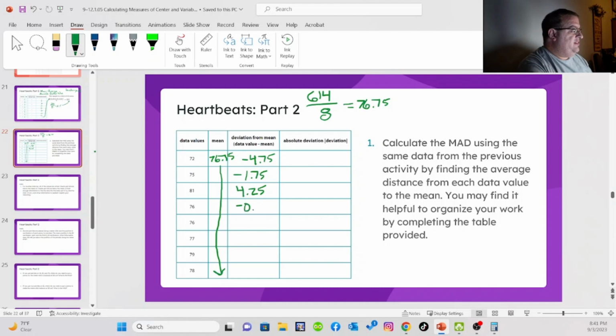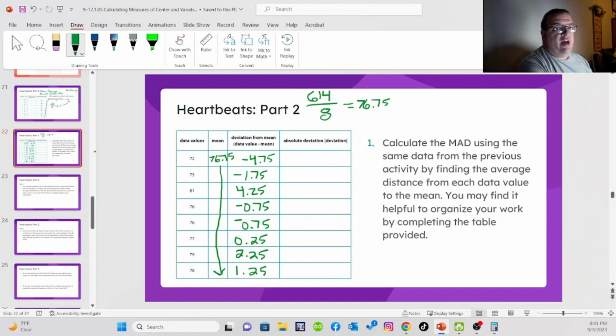So negative 0.75, negative 0.75, 0.25, 2.25, and 1.25.